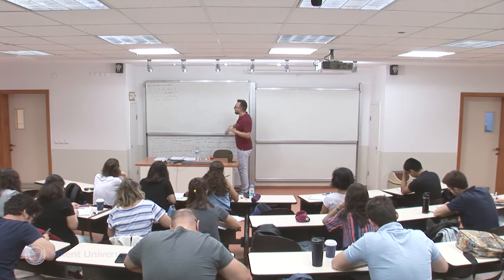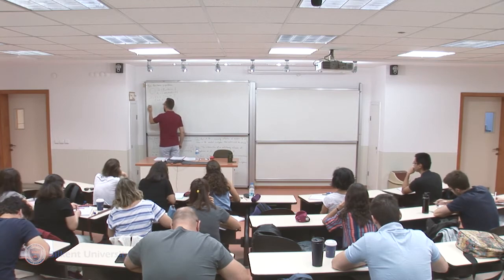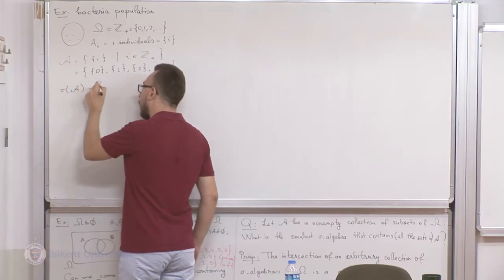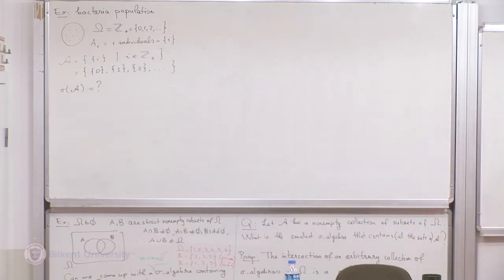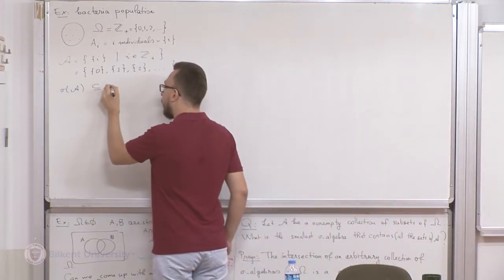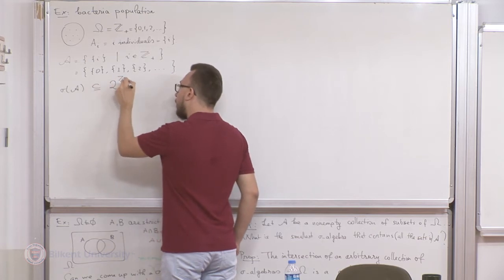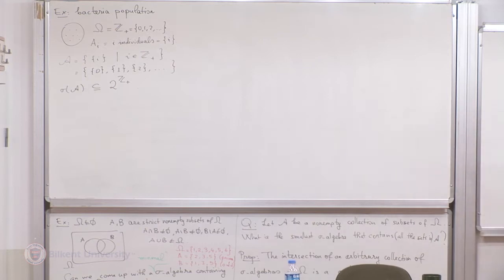So now this script A is a collection of sets. So what is a sigma algebra generated by this collection? For sure, this is a sigma algebra, and it is a subset of the power set. It's a sub-sigma algebra of the power set.